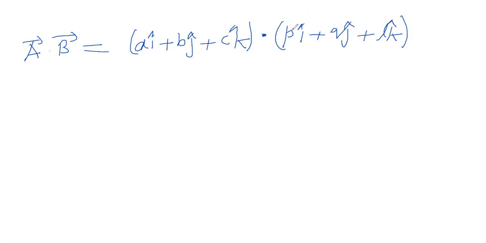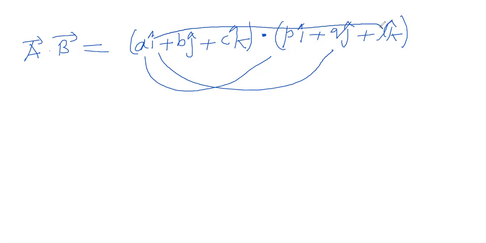In actual multiplication in algebra, what we do is multiply this, then this, then this with this. How many will we get? 3 threes are 9. 9 things we will get here. But out of those 9, only 3 will survive, 6 will not survive.